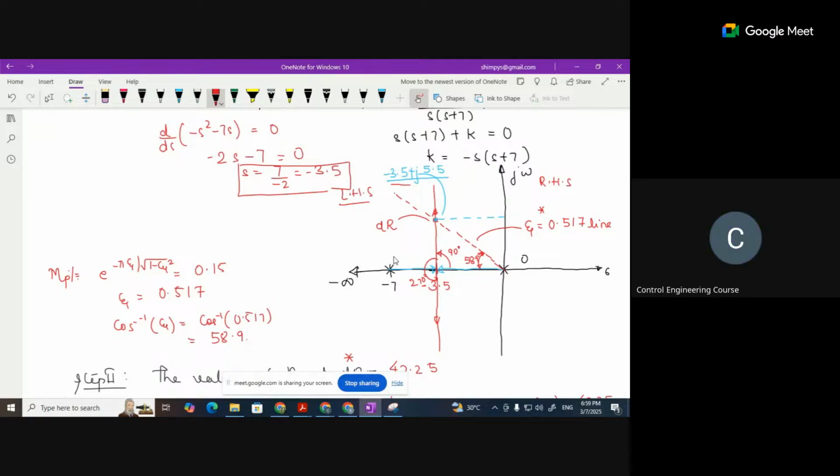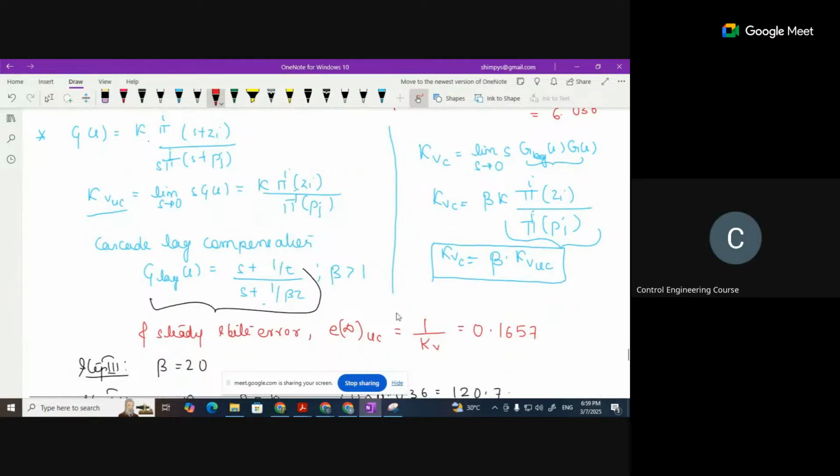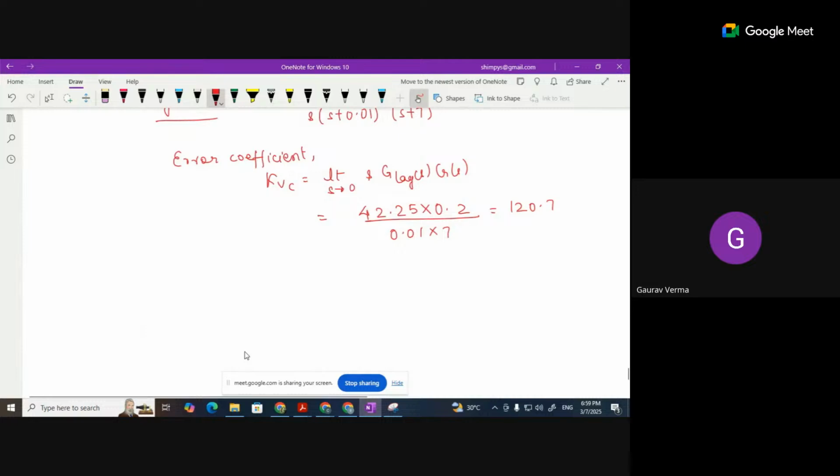So can you find out here the angle that is contributed by this compensator, which we have connected in cascade? No, I'll tell you how to find that out.